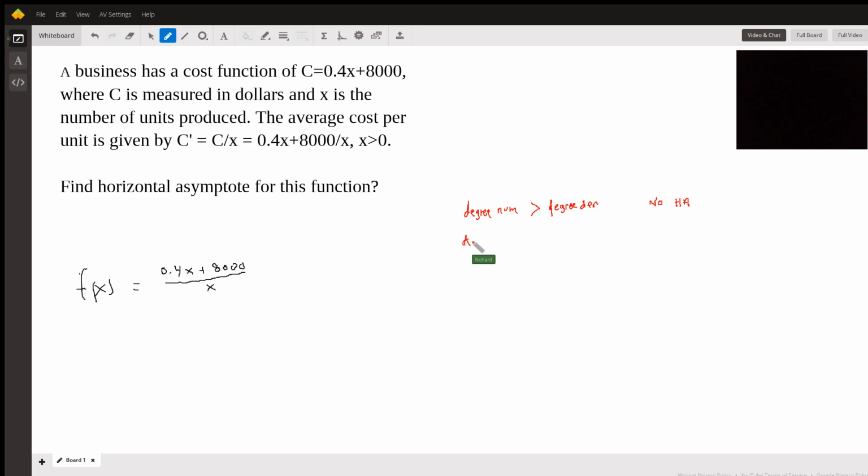When the degree of the numerator is equal to the degree of the denominator, the equation of the horizontal asymptote is y equals the ratio of leading coefficients.